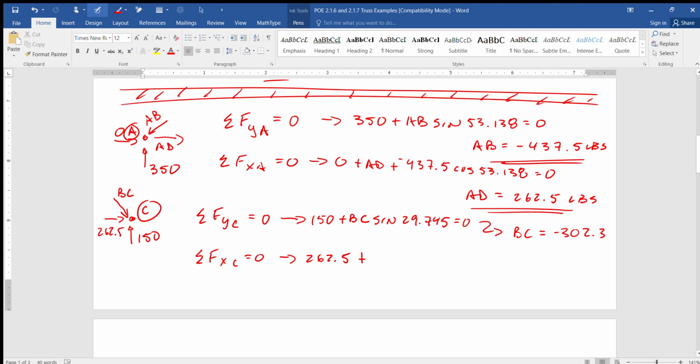Did I fix the arrow wrong way? No, I fixed the arrow right way. Oh, I drew this arrow wrong. Let's just go away from the joint. Negative 262.5 plus 302.3 cosine of 29.745 should equal 0, and it does. If you blast that out in your calculator, you'll see it's very, very close.